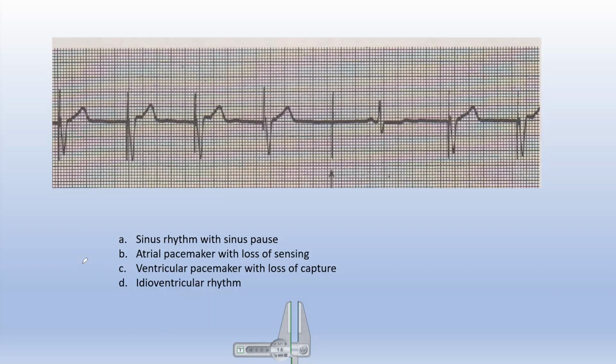So what's the implication here? The implication is a lot of times it is because of a decline in the battery power, and therefore we need to make sure that we check on the battery. The other thing is that sometimes what happens is that there's going to be an intermittent failure of capture. And the reason for that is because of the situation we're in. I'm going to illustrate it.